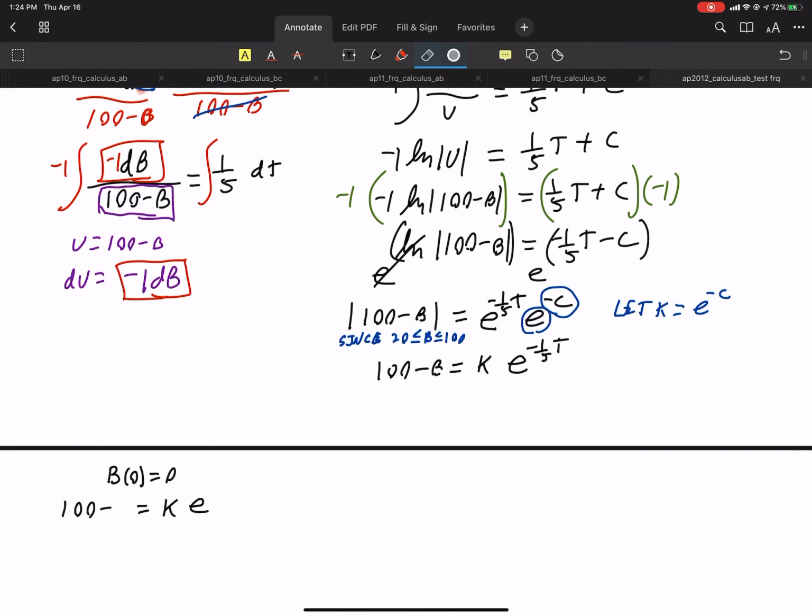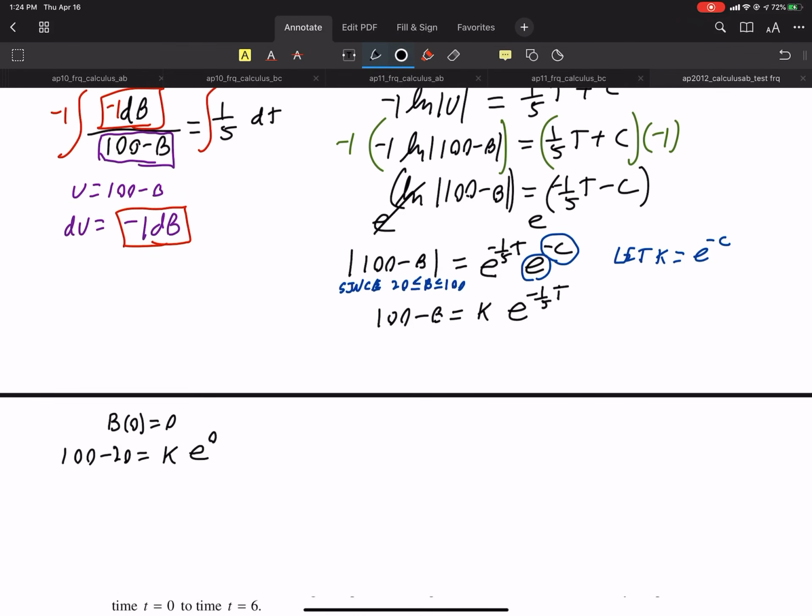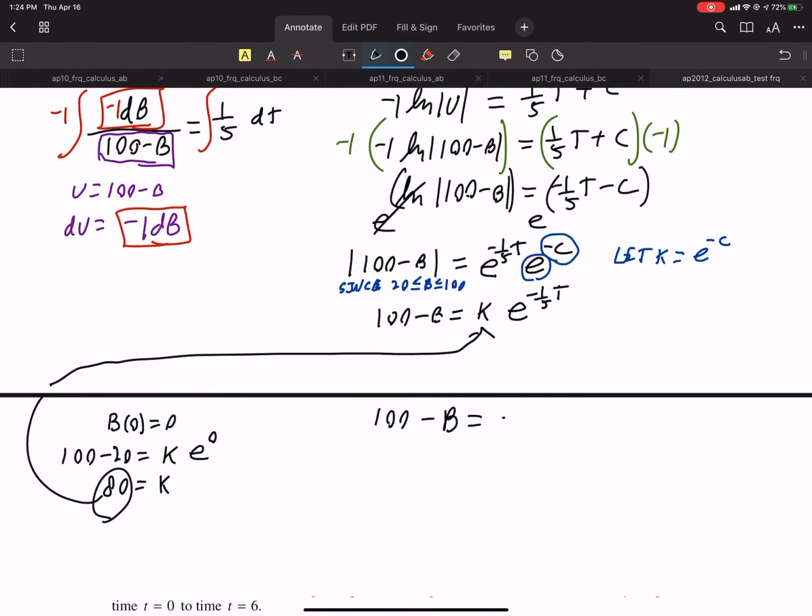This is b. 100 minus 20 is k e to the 0 power. So k is 80. I'm going to plug that value in for k. Now I just isolate b. And that is my final answer.